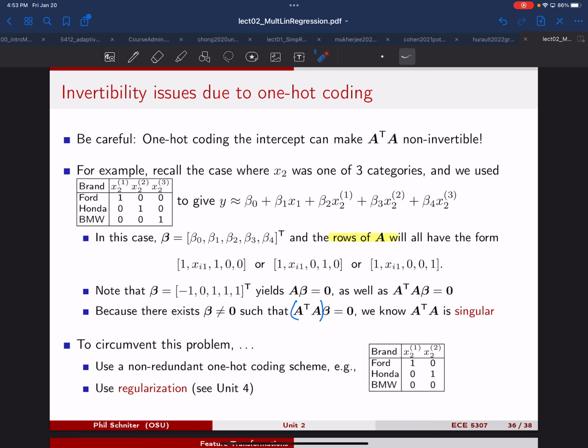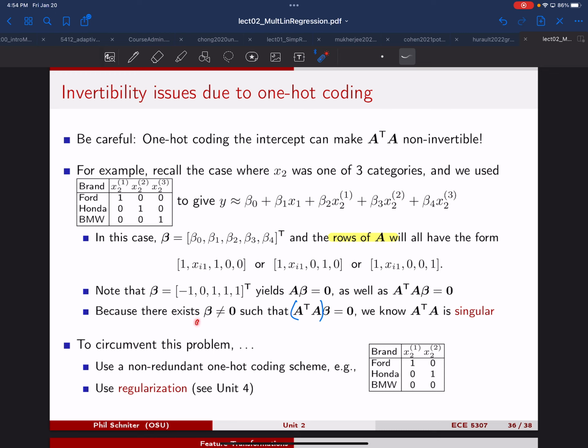Yes? I just wanted to understand, is the problem of singularity guaranteed? It's only in the case that your beta 0 ends up being -1 and that your other coefficients end up being beta 1, 2, and so on? No. So is it guaranteed?